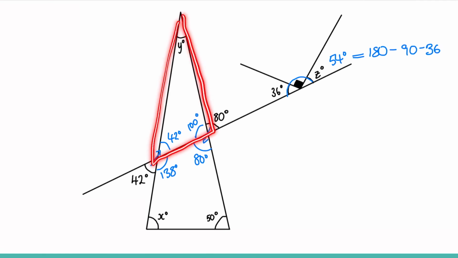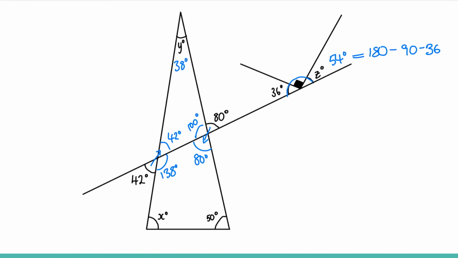I have a triangle here. I know the two bottom angles, so I can now find out what the top angle is. So 180 minus the 100 minus the 42 is going to give me 38, which is my angle for Y.